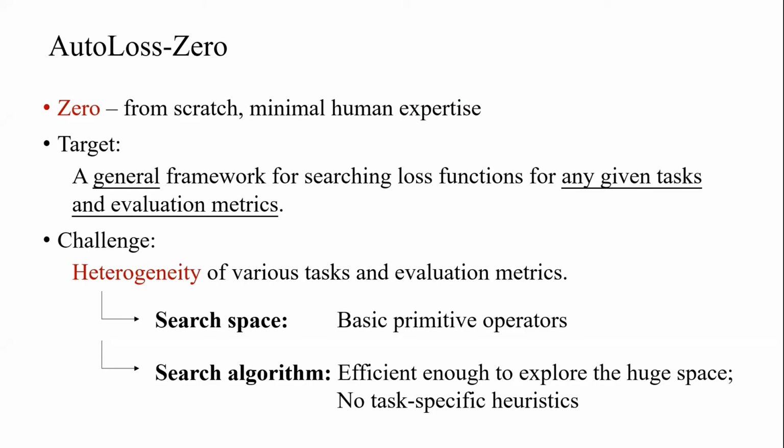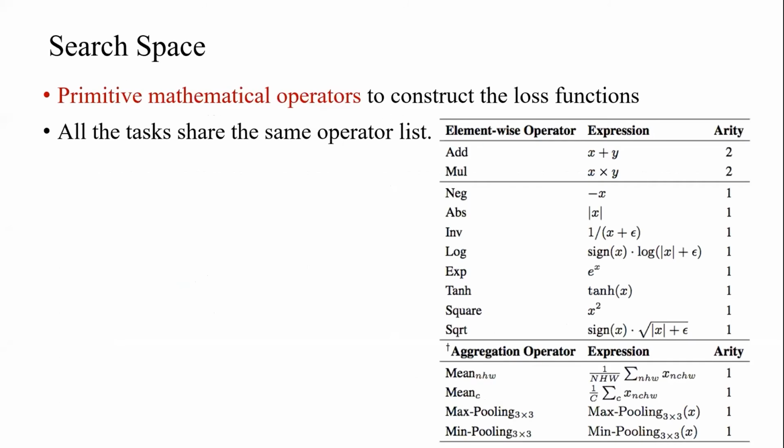Specifically, we should only utilize basic primitive operators to construct the search space so that no task-specific human heuristics are involved. The freedom of the search space makes it very large. Therefore, the search algorithm should be efficient enough to explore the huge search space. So let's see how we do this.